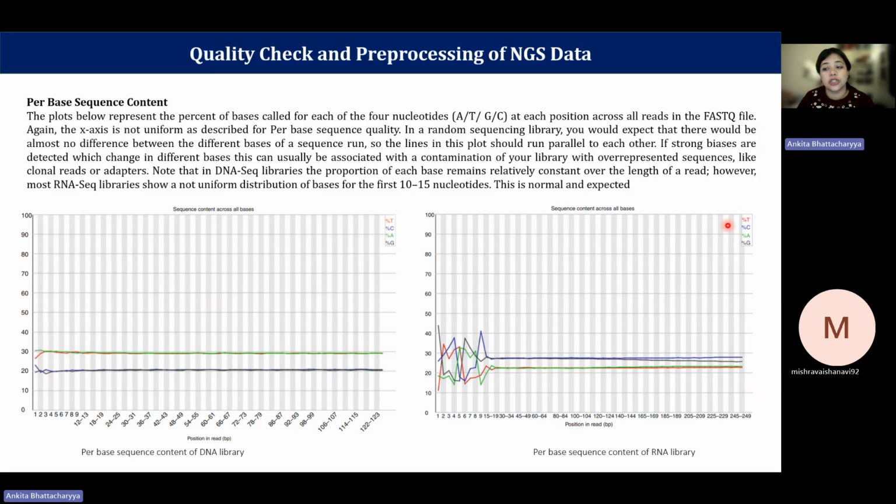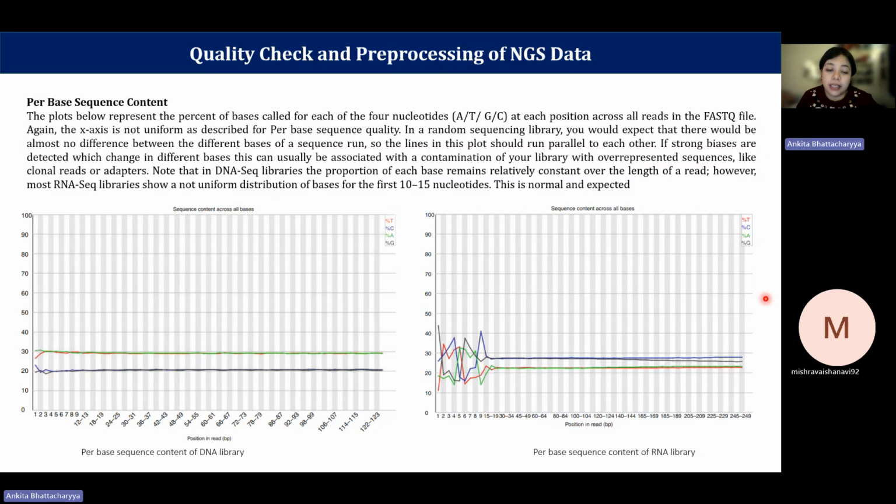They represent the percentage of A, T, G, and C in different colors, and basically it shows you how much of the composition of that read is actually contributed by A or T or G or C. Of course, A and T are expected to be equal, and G and C are expected to be equal, which is what you see here as well. You would expect there should not be any difference between different bases of the sequencing run, so they should run parallel to each other.